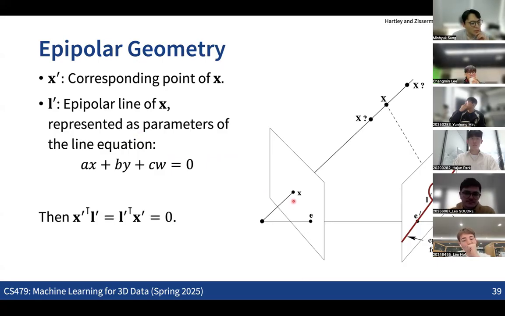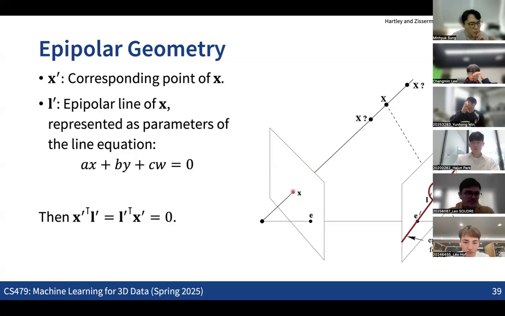We know some 2D point correspondence. So we have the first image here and the second image here. Let's say X is a point on the image plane of the first image. That means there will be a 3D point which is projected into this point, right?